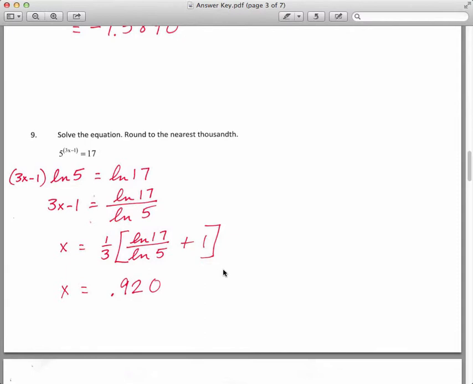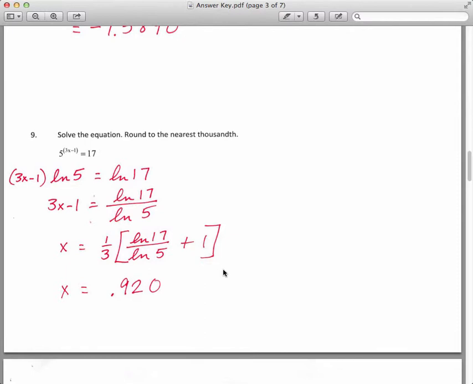Okay, problem number 9 is a little bit harder. In order to solve for x here, we notice that x is part of an exponent. So what we need to do is take the log of both sides. You can use either a common log or a natural log here. Does not matter, either one will work.